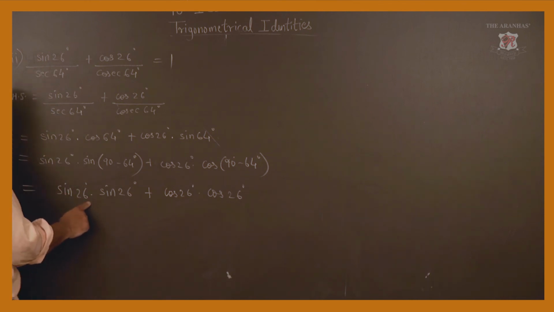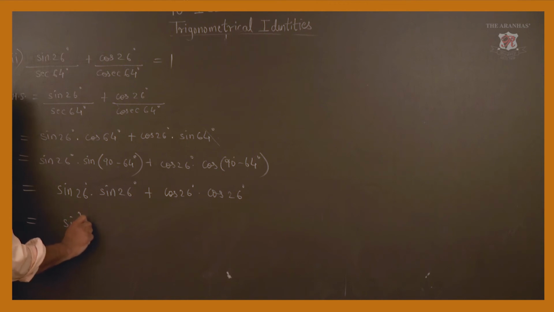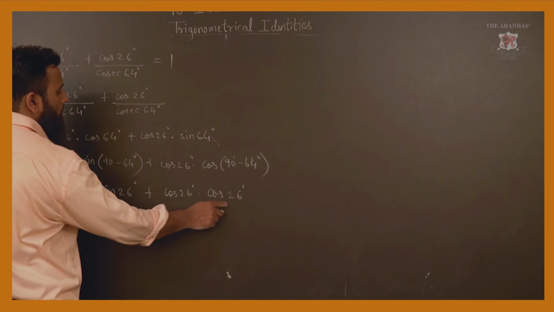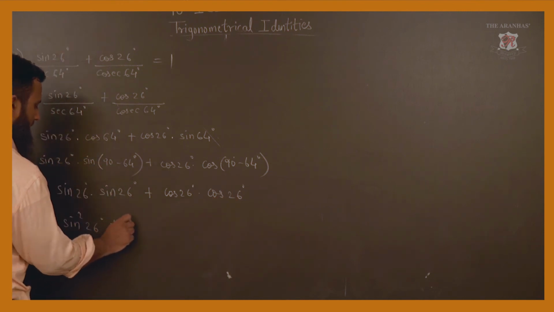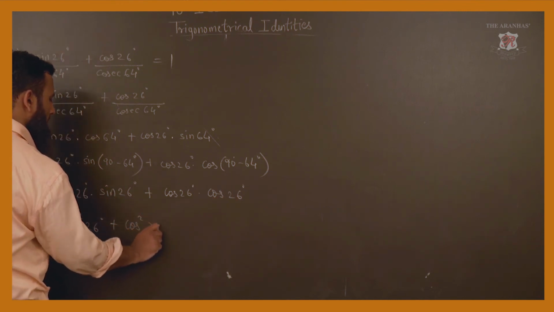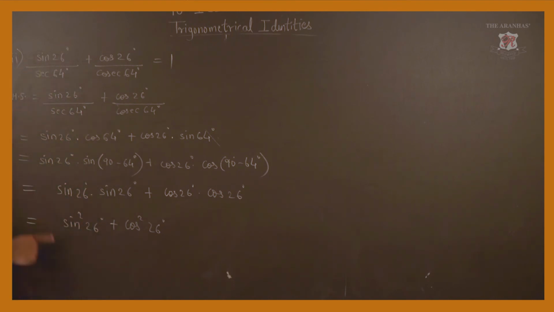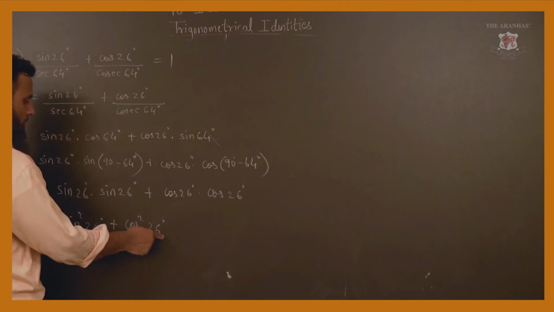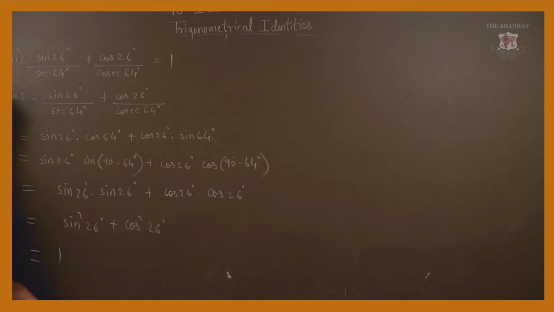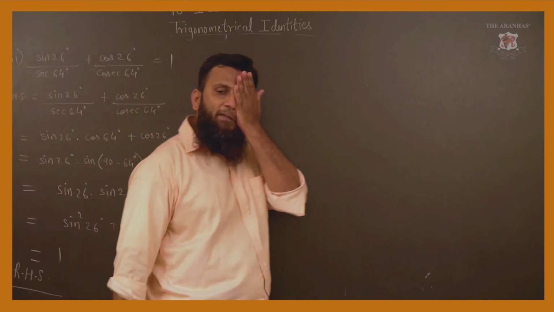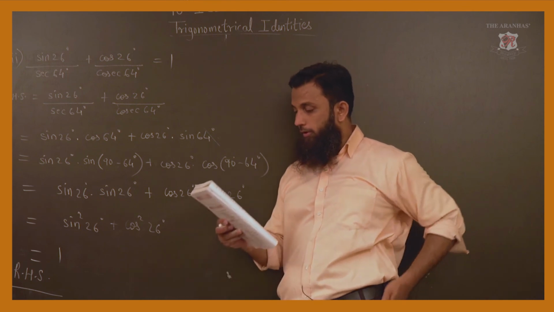Now sine of 26 into sine of 26 will be sine square 26 degree, and cos of 26 into cos of 26 will become cos square. If the angles are same, then it is identity. Sin square theta plus cos square theta is equal to 1, which is our RHS. So hence LHS becomes equal to RHS, and easily the question can be solved in this case.